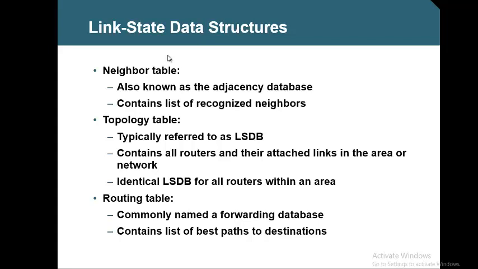The neighbor address need not be the address from where the packet comes. The neighbor address is usually the router ID. So we all know OSPF uses the loopback interface address as the router ID. So the source of the packet may not match the neighbor address in this table.